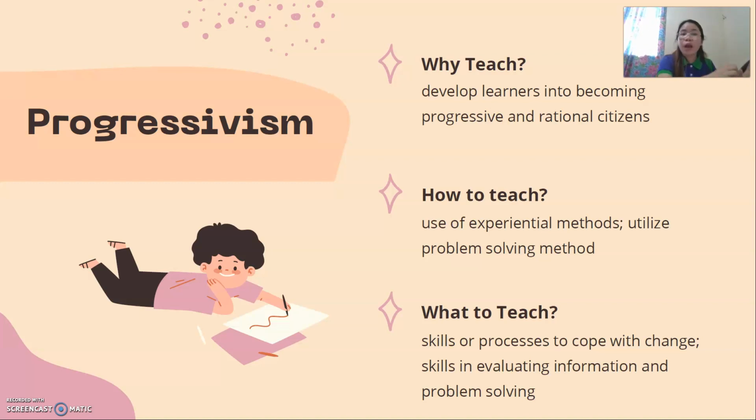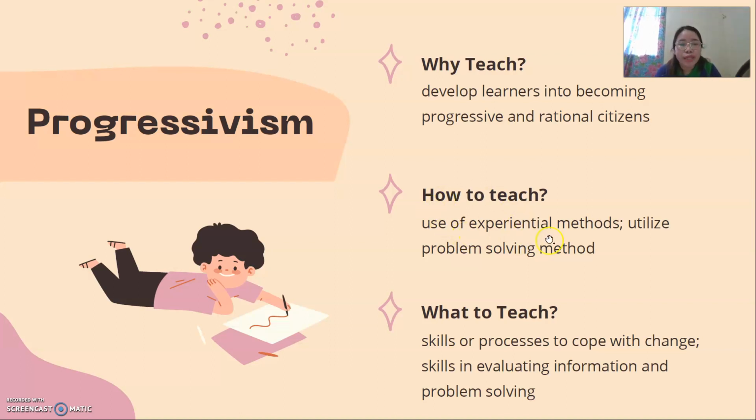A child as a whole, we are going to develop their whole personality, their abilities, so on and so forth, cognitive, psychomotor, and affective. And then we are going to train students to become rational citizens. Rational citizens in a way that they really think carefully, they filter the information that they receive, and they decide on their own rationally.